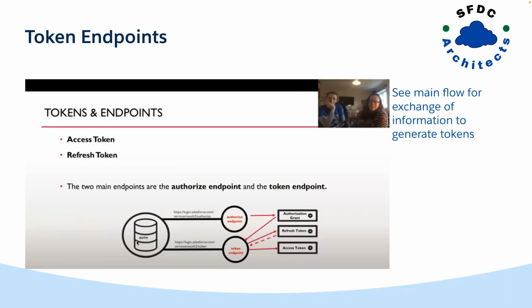So everything that's going on here and all the traffic, you just want to remember that there are two endpoints, one for authorizing and one for the token. And there's a whole bunch of tokens that get created. The main ones are your access token and your refresh token. And there's some exchanges that happen here. So questions about endpoints, and we'll talk about tokens a little bit more in the next few slides. But these are your two endpoints. Remember those, they're very important.